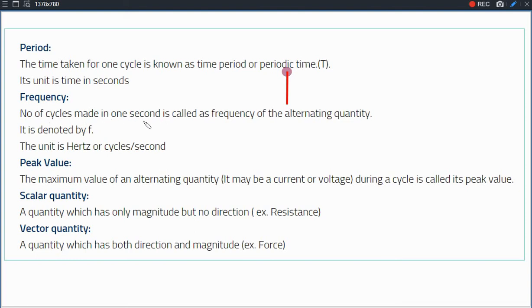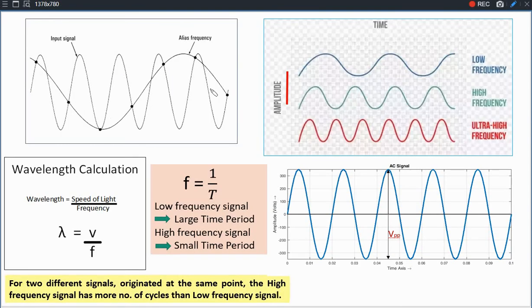The number of cycles made in 1 second is called frequency, and the unit is hertz or cycles per second. So for understanding the complete sinusoidal wave, we must understand all the associated terminologies such as peak value, instantaneous value, cycle, time period, etc.